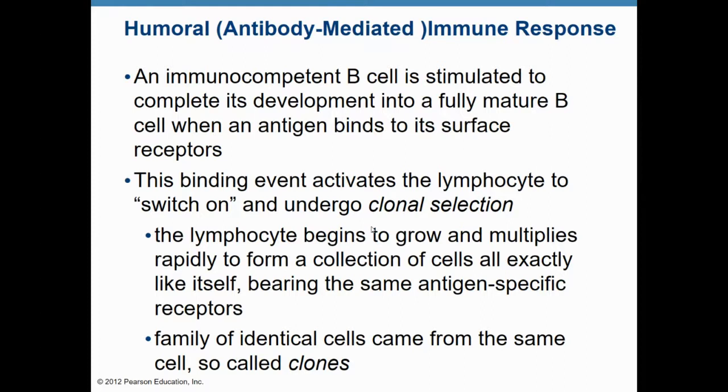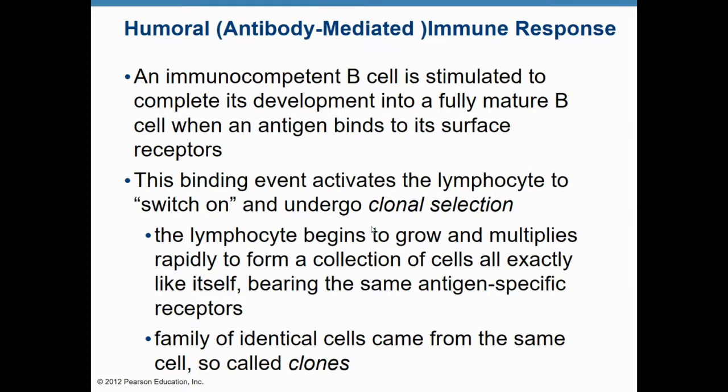Once it's immunocompetent, it will not be stimulated to complete its development unless its proper antigen binds to a receptor on its surface. So the binding event, when the antigen binds to the receptor, is going to turn on a switch inside of the lymphocyte, and that specific lymphocyte that has the receptor for that antigen is going to undergo a process called clonal selection.